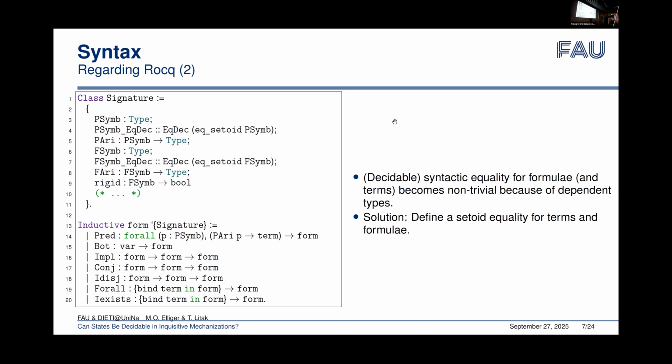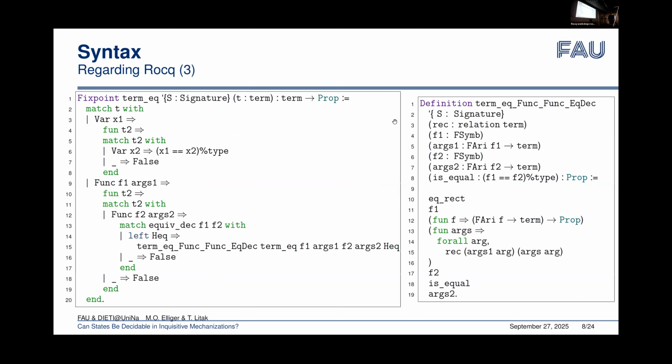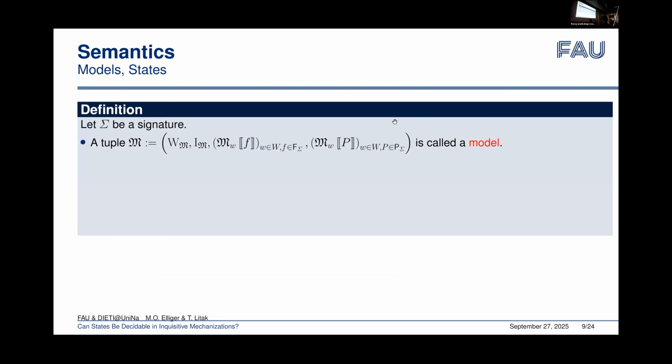Then there is just a tiny bit of fun, well, it will not impress you, I'm afraid, that one has with the notion of syntactic equality precisely because of dependent types. So the solution that Max Ole chose was to define setoid equality for terms and formulas here. Right, so this is nevertheless, for those who are working with Autosubst, reasonably standard fare, I would guess.